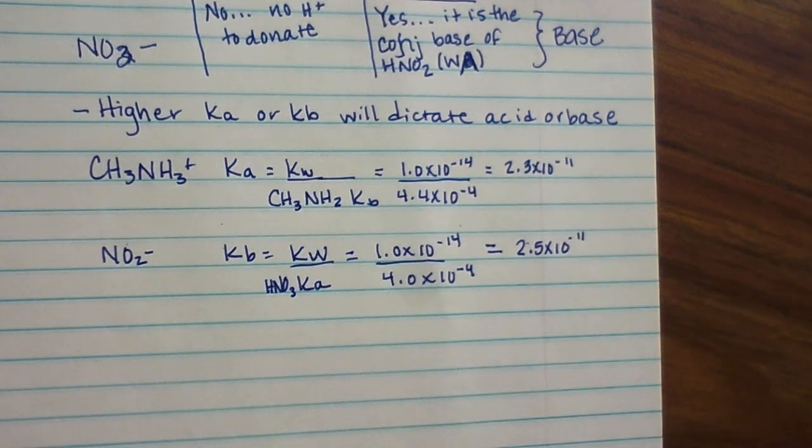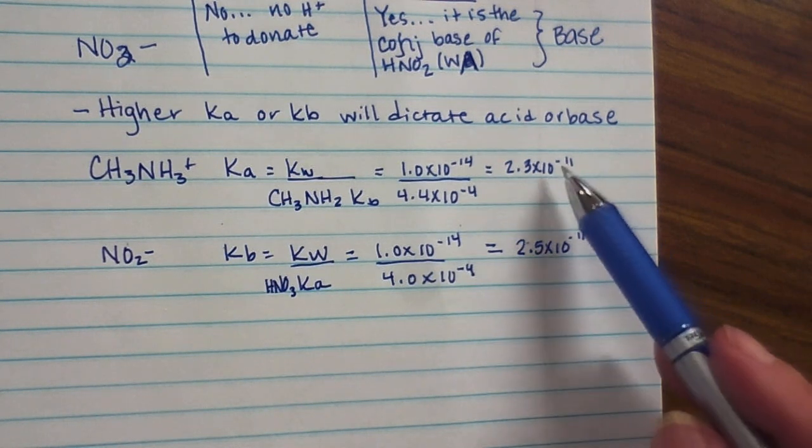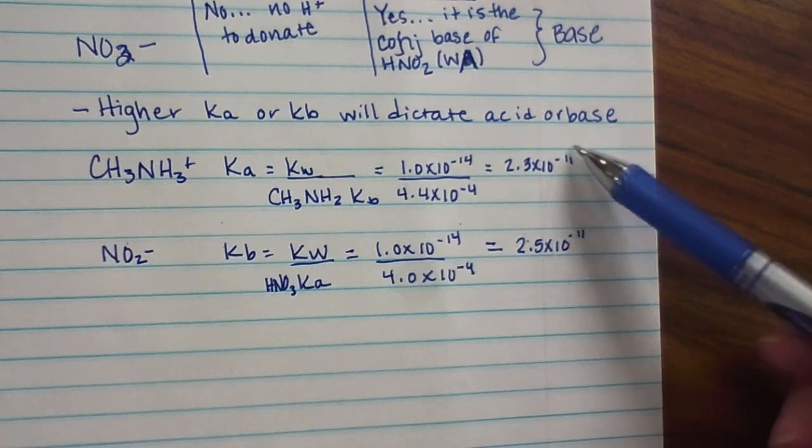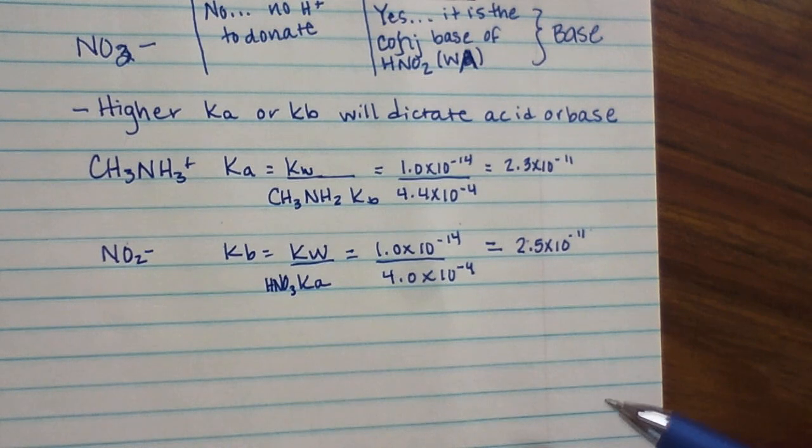Now, the problem here is that we're looking for which one is higher. And quite honestly, statistically, at 10 to the minus 11, 2.5 and 2.3 are essentially the same. If they were even one exponent apart, you could say the solution was slightly basic or slightly acidic. If they were 3 exponents apart, you could say it is acidic.